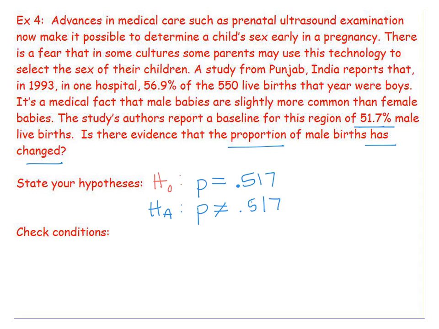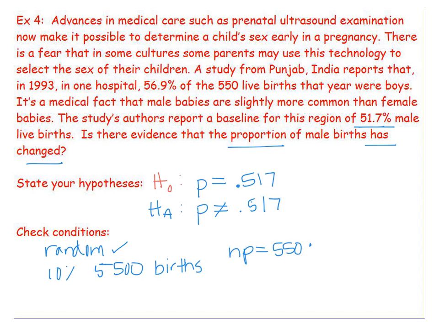So let's check our conditions. So the first condition, did we select these people randomly? And we are going to assume that yes, this was random. 10%. So how many births were there? 550. Add a 0 to that, we get 5,500. And yes, it is safe to assume that there are 5,500 births every year. NP, so we're going to take 550 times 0.517.